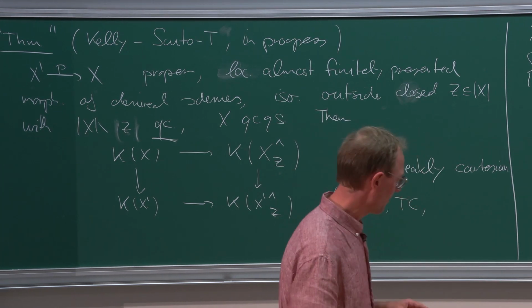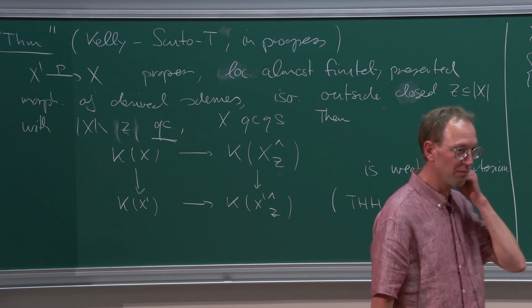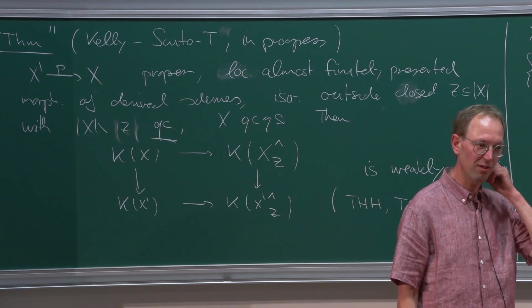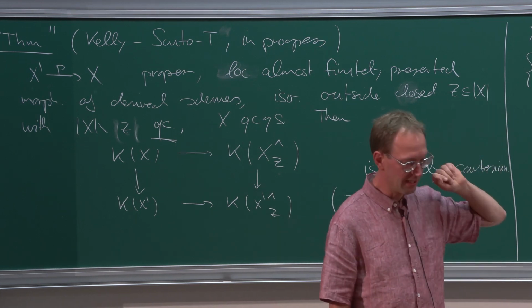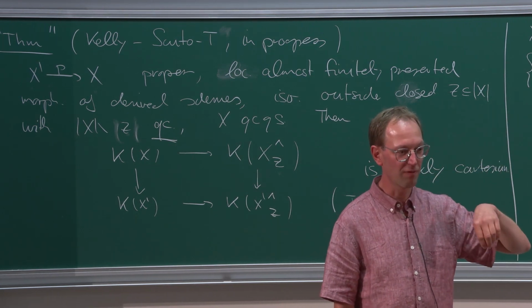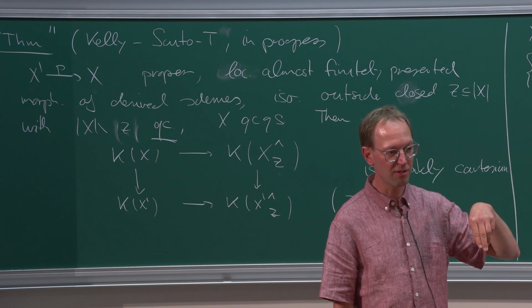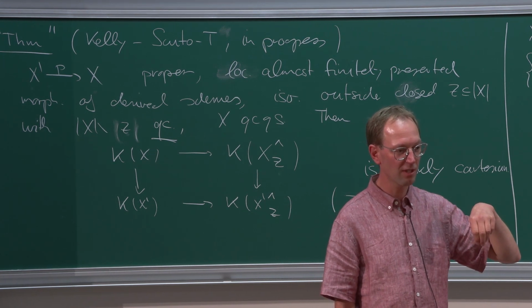Yes, but being finitely presented is an extremely strong condition, which is usually not satisfied. For example, one application that we have in mind for this is proving some generalization of Weibel's conjecture for QCQS schemes.